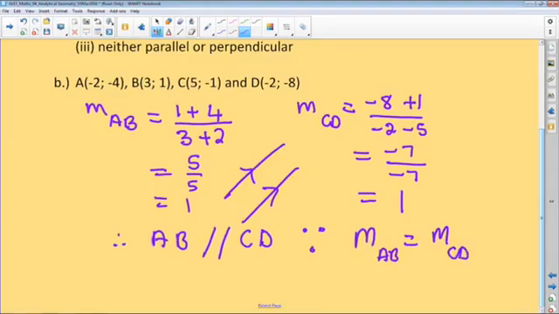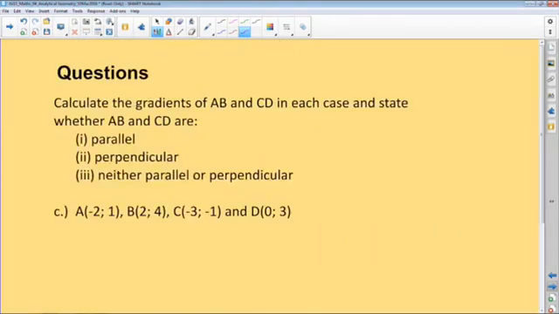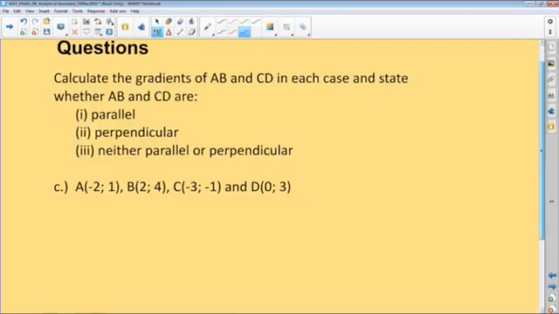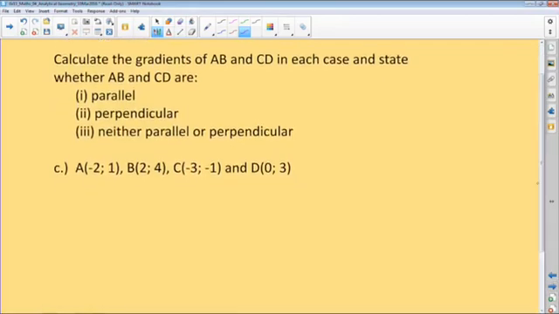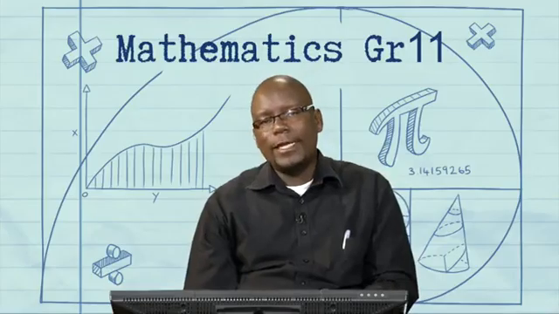Okay, right. Now we look at the last one, this particular set of problems. Calculate the gradients of AB and CD in each case. So in this set of coordinates, your AB is this. So gradient of AB will be 4 minus 1 over 2 plus 2. Now remember, I am quickly changing the sign because I'm saying x2 minus x1.